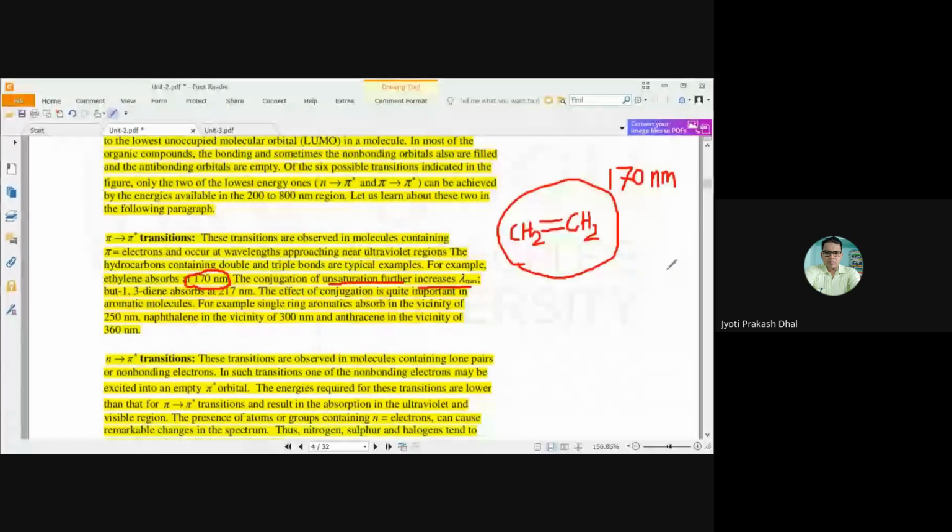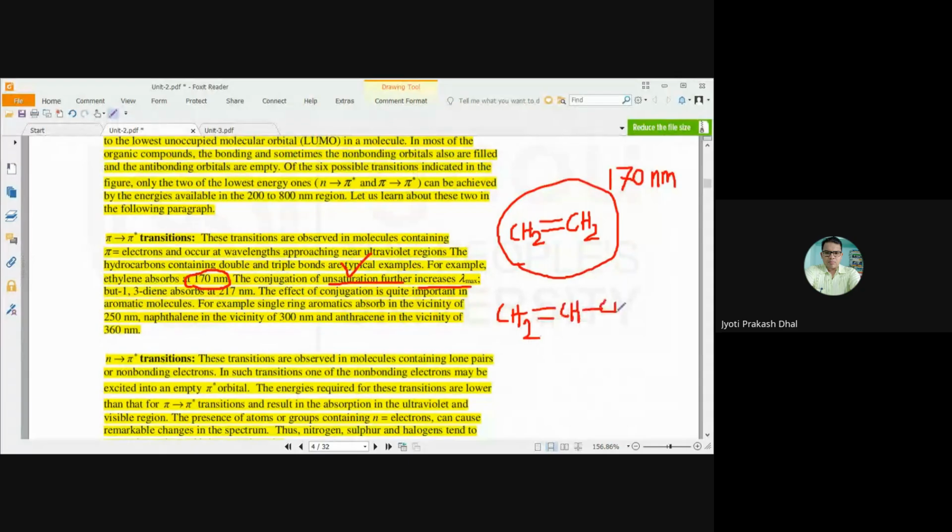And again, the conjugation of unsaturation. Here only one double bond is there. Another example is buta-1,3-diene, CH2 double bond CH single bond CH double bond CH2.